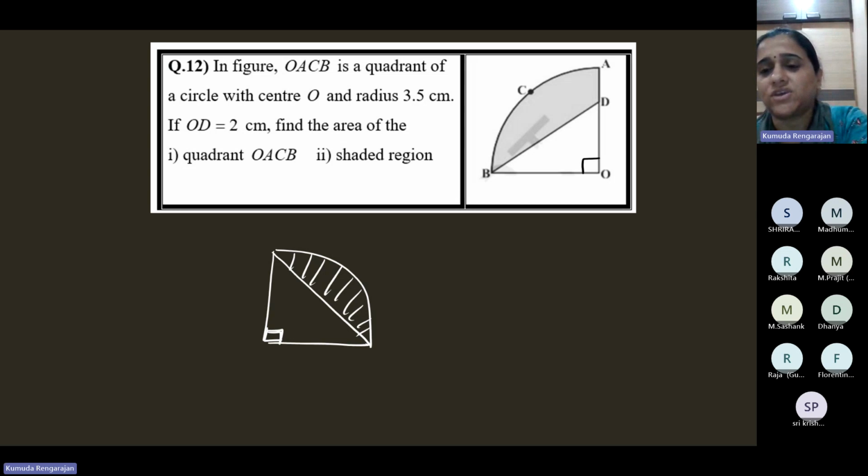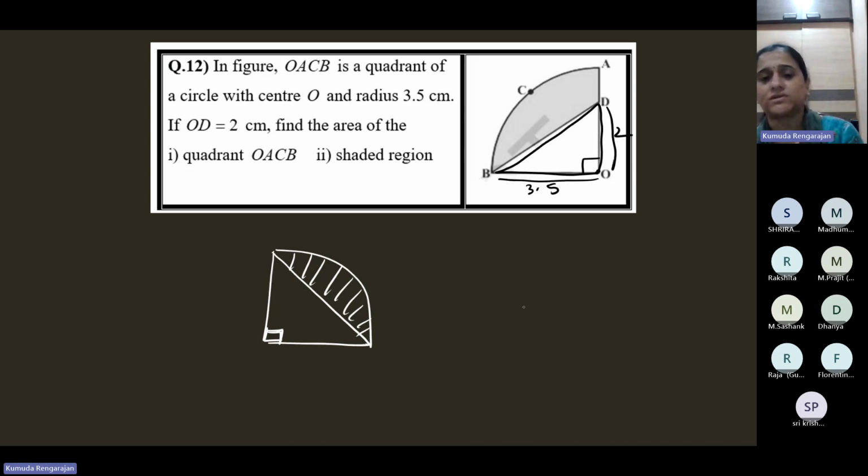And how do you find the area of the triangle? The area of the triangle ODB, half base into height, half into, this one is 3.5 and this one is 2.